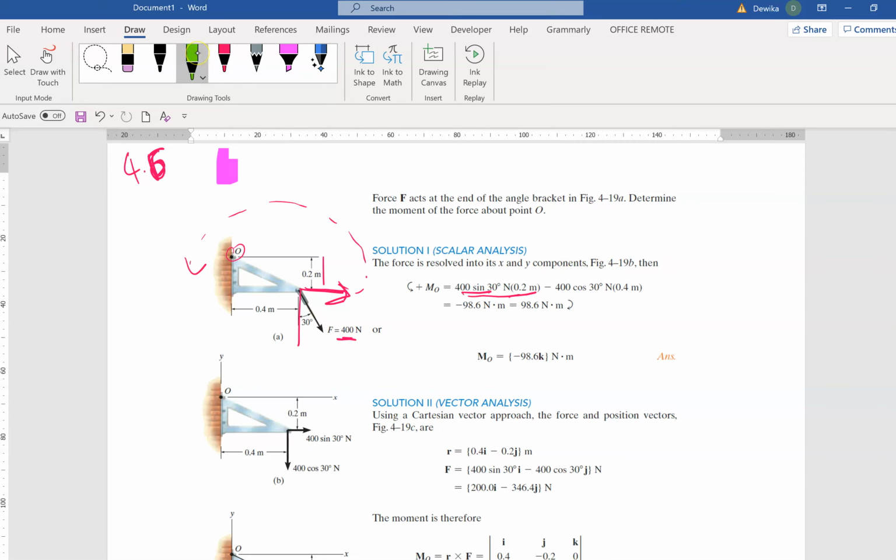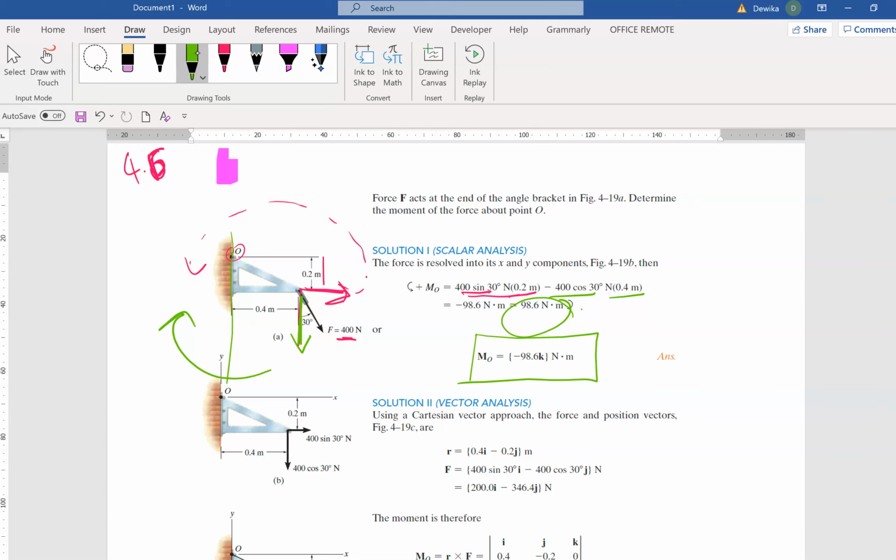Now the second component is down here. This component will be a distance of 0.4 from point O. Remember to use the ruler. This one will go this side. That's why it is negative. So what is your final answer? 986, which is negative 986 clockwise, or you can write it this way, in Cartesian vector form.